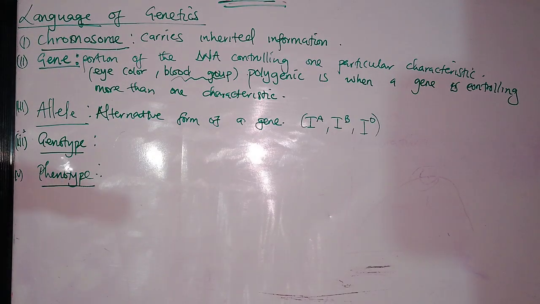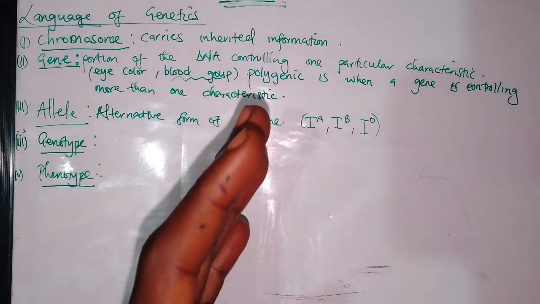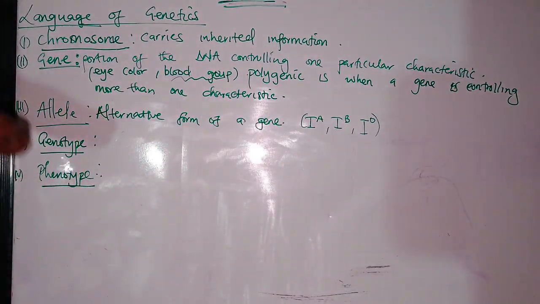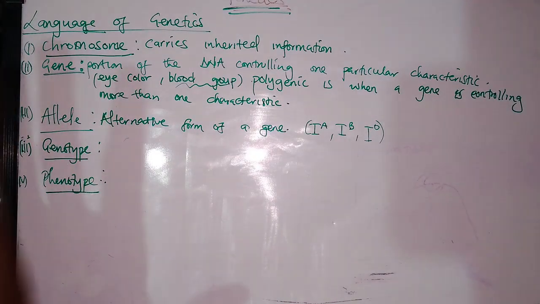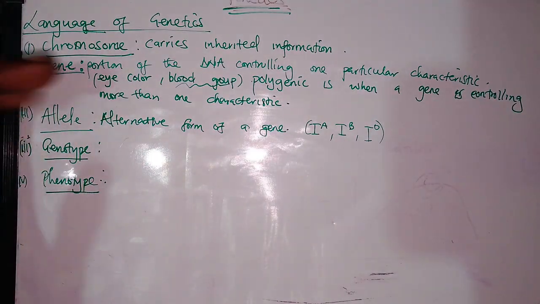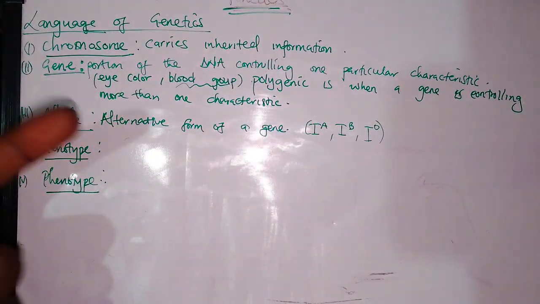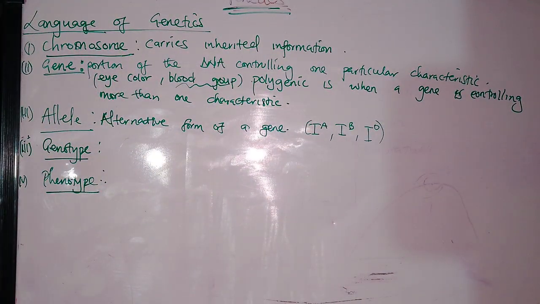Then we have an alternative form of a gene, which is an allele. Next we also have a genotype, which is a combination of alleles. When you combine these alleles, you form what is known as a genotype.